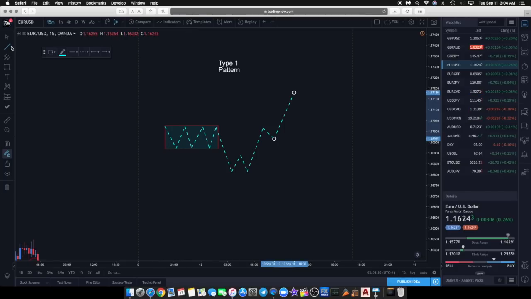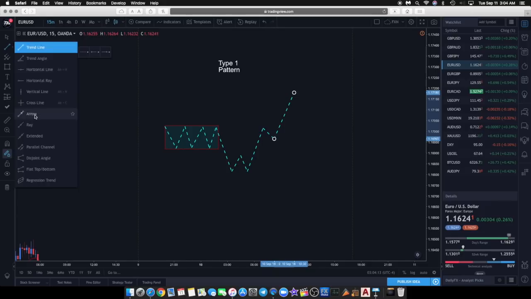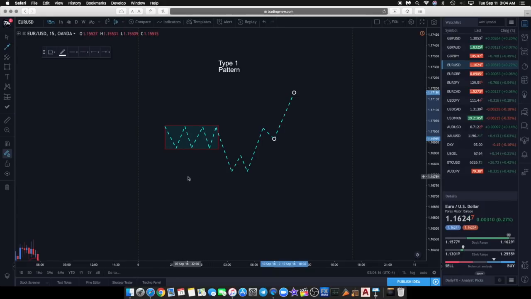All right, so the important thing about type 1 is that the false move, notice how the false move, right, created a new low below the Asian range. Okay? That is very important because that is what creates a type 1 pattern.